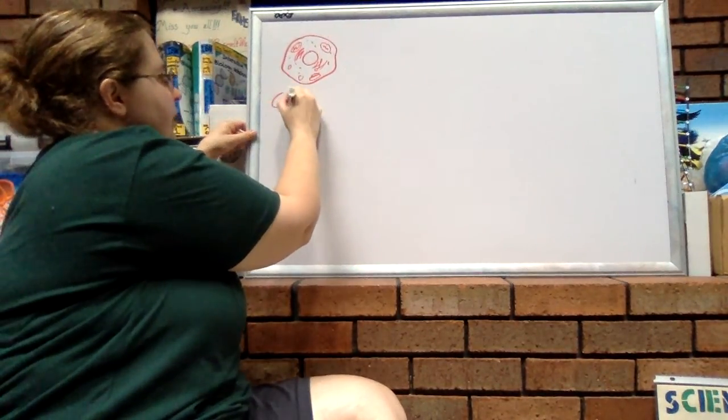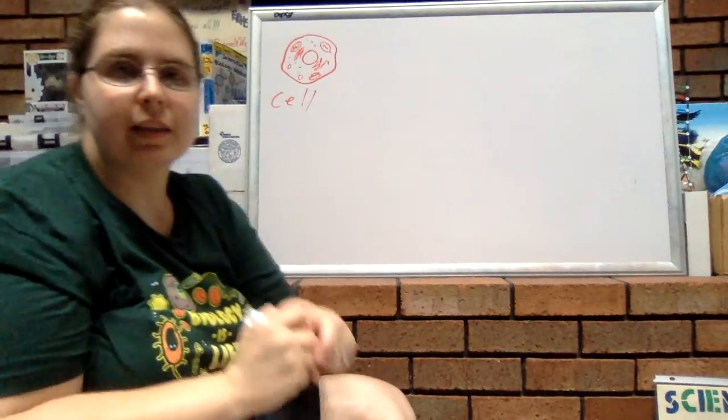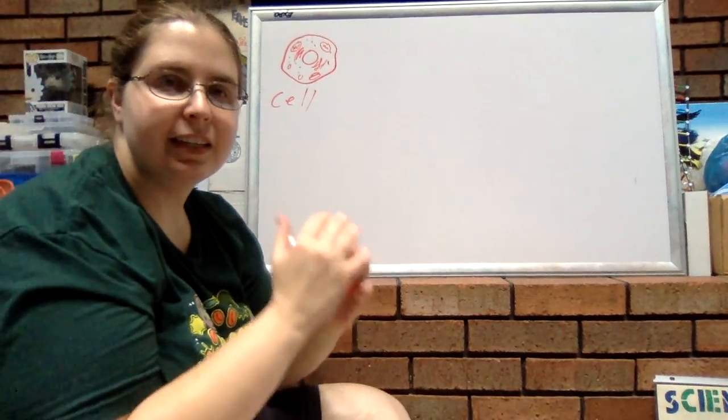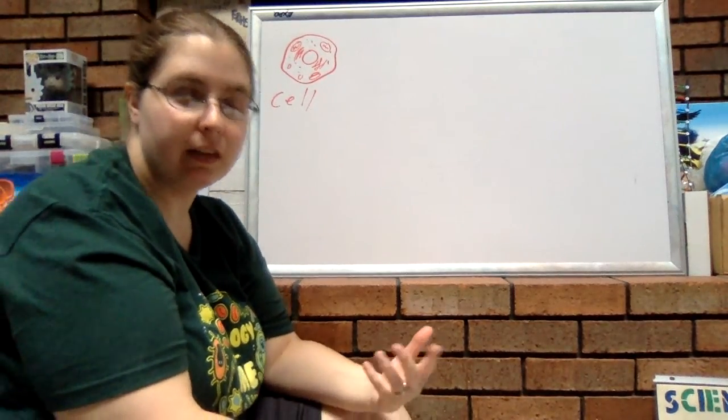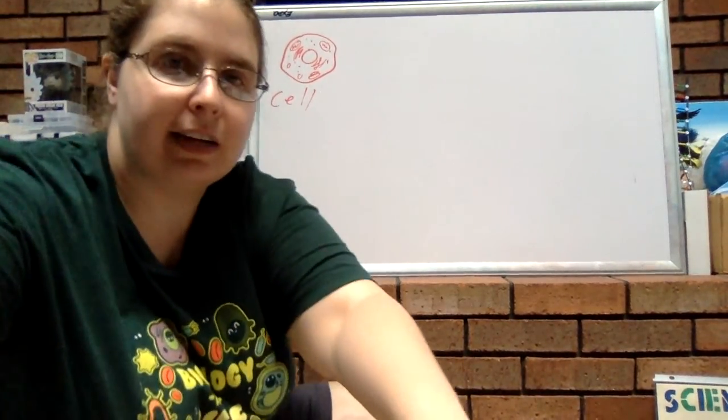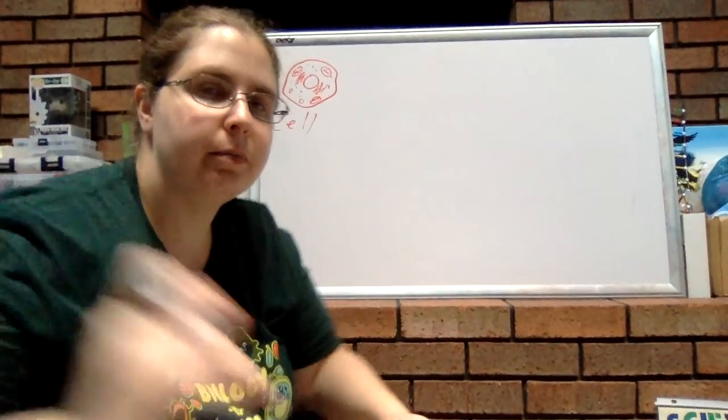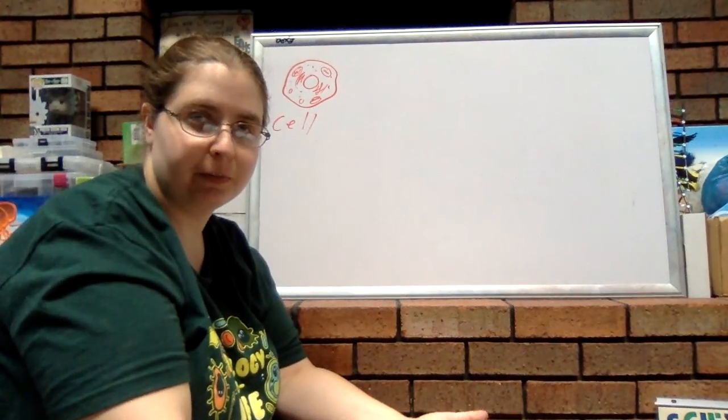So here we have our cell. The cell is the basic unit of life, meaning it is the smallest thing that we consider to be alive. It has a lot of different functions in an organism because there are different types of cells.